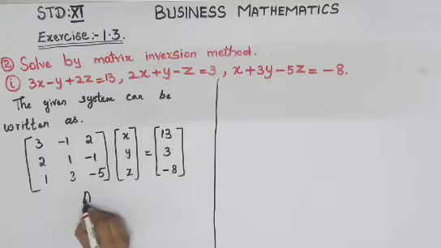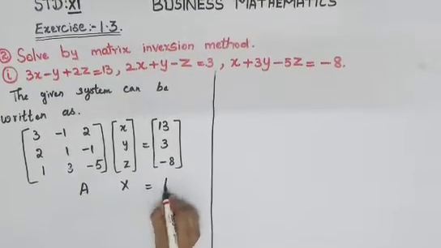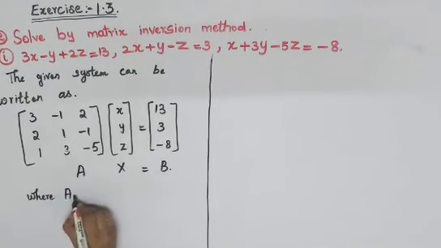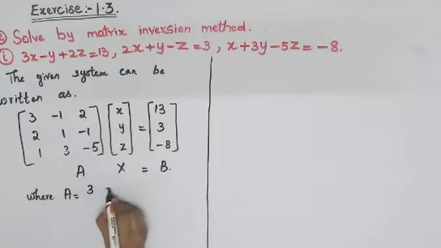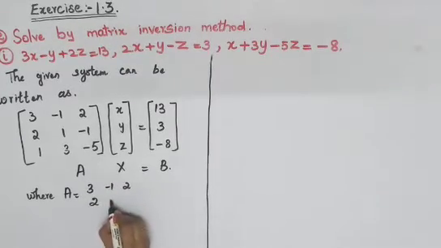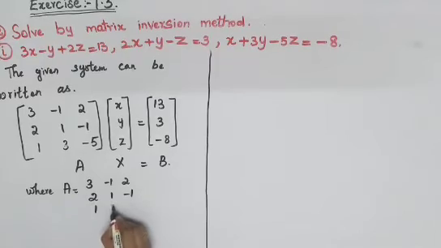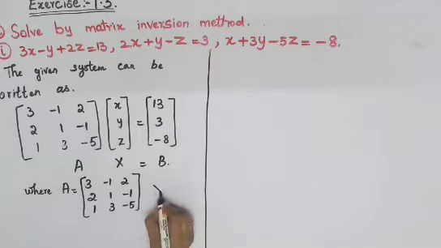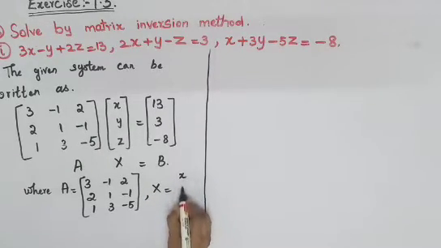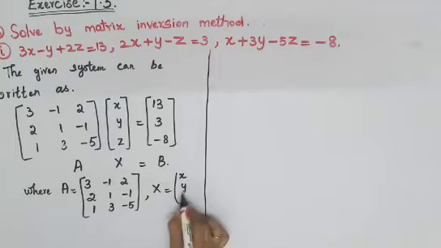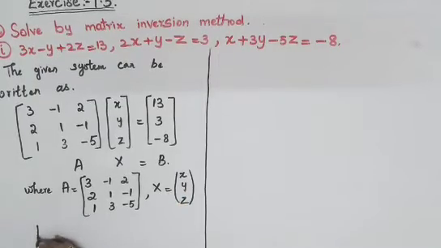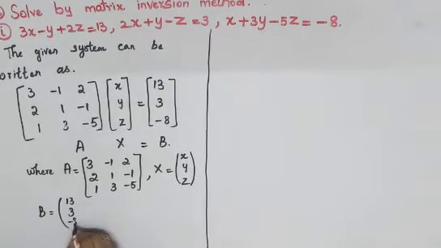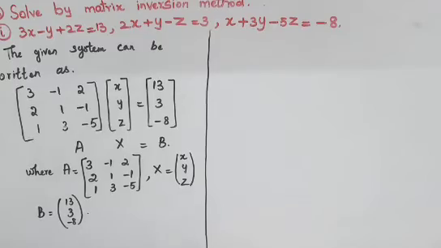So this is A, this is X, this is equal to B, where A is the 3 by 3 matrix 3, minus 1, 2; 2, 1, minus 1; 1, 3, minus 5. Capital X is x, y, z column-wise, and B is 13, 3, minus 8.